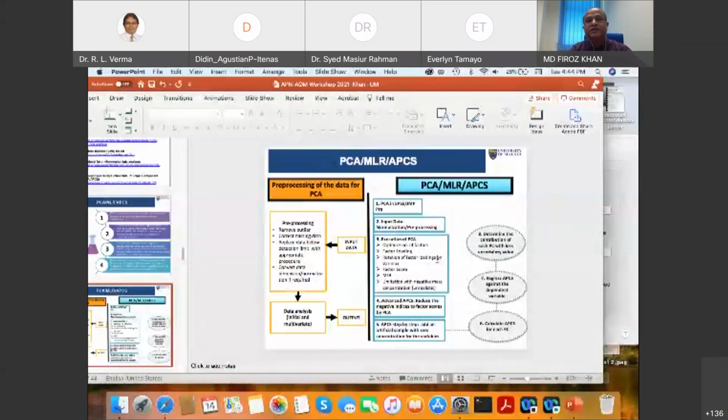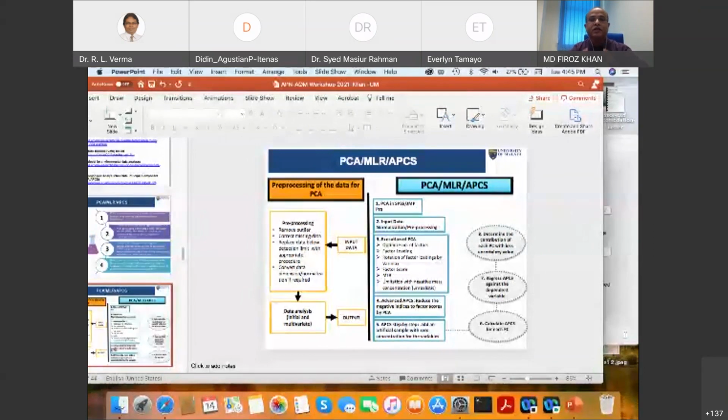It could be SPSS, JMP, or Statistica. So you will be able to execute PCA, but you have to follow step by step from step 1 until step 8, right? And then I want to give you one soft reminder that before you execute your data by using these statistical tools, you have to clean up your data. On the left side here, highlighted in yellow, this is called pre-processing of your data.